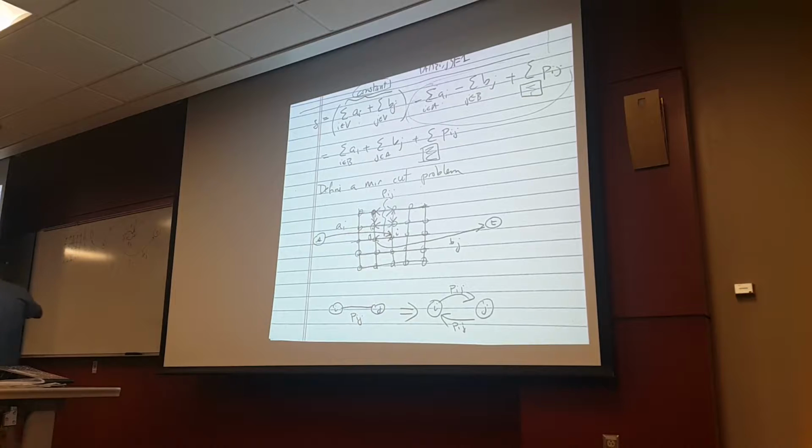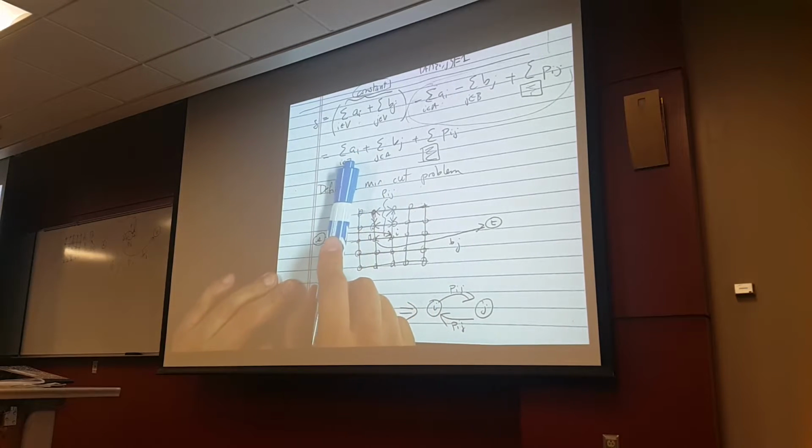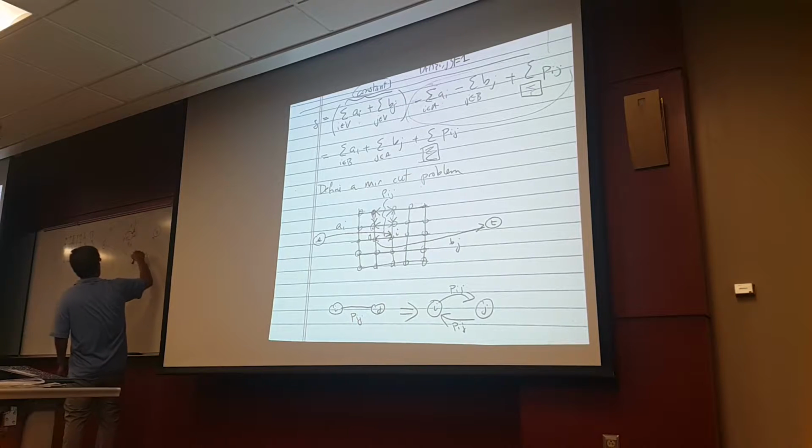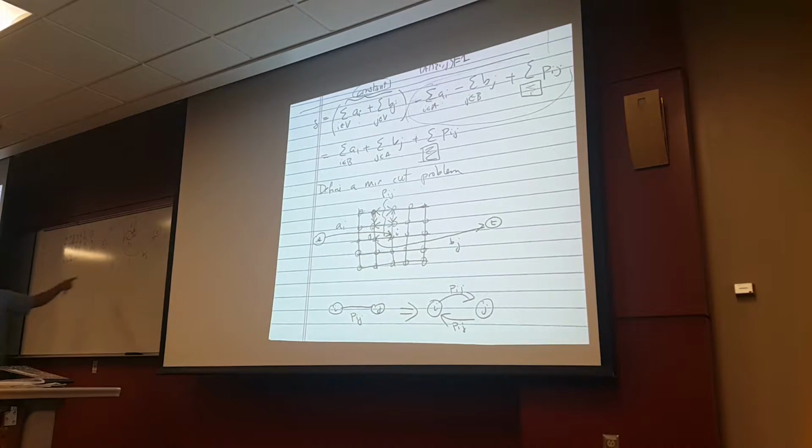It's an A value for a node that falls in the B side. So this part here corresponds to this term. And this other part here corresponds to the B value for a node that's on the A side, right? So that accounts for this second term.